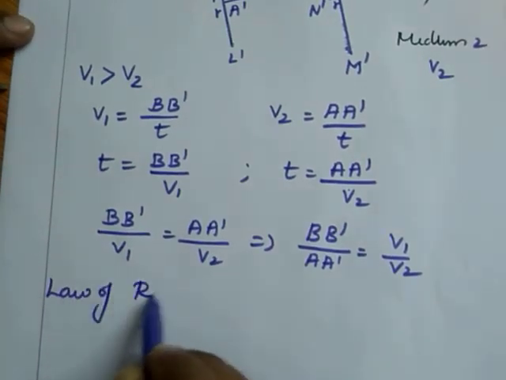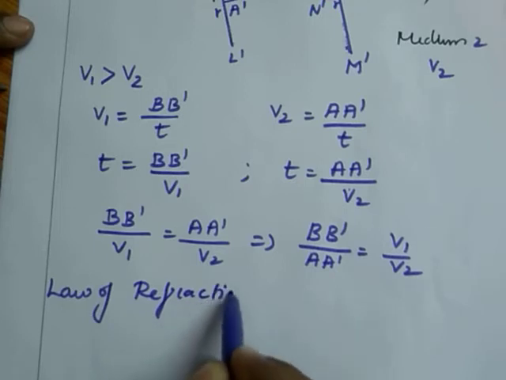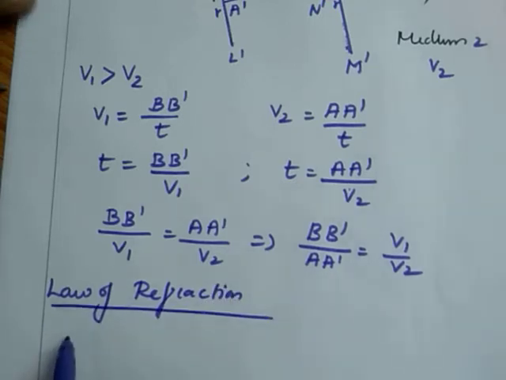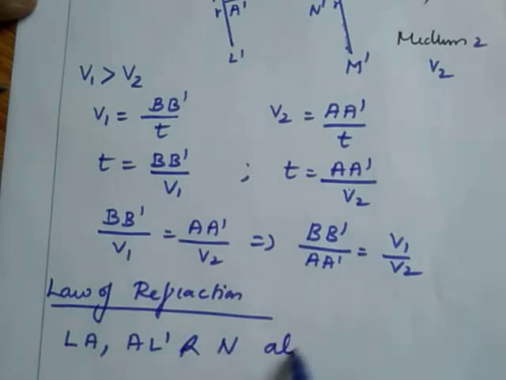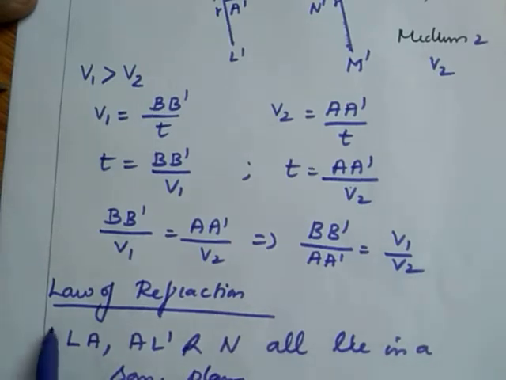Then next, let me prove the law of refraction. We know the incident ray LA, the refracted ray AL', and the normal all lie in the same plane. That is the first law. Then the second law is Snell's law.